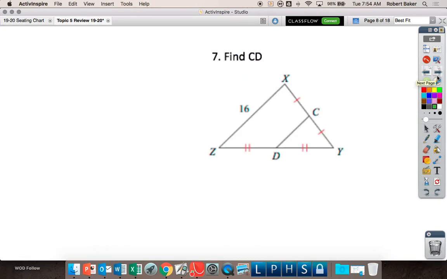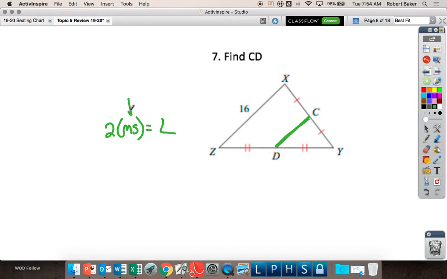Now we got our mid segments. It says find the length of CD right here. So we had a lot of trouble with this. You guys were struggling with it, and I'm going to introduce a little formula. So if you're watching, maybe this will help you. 2 times the mid-segment is always equal to the long side.